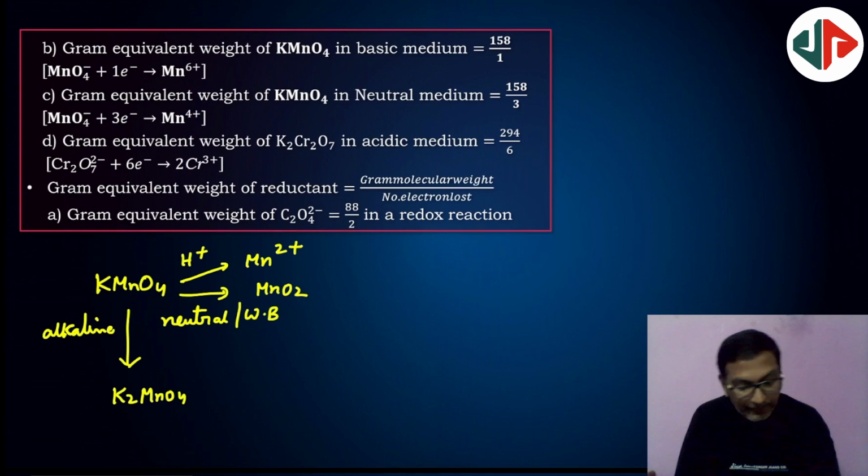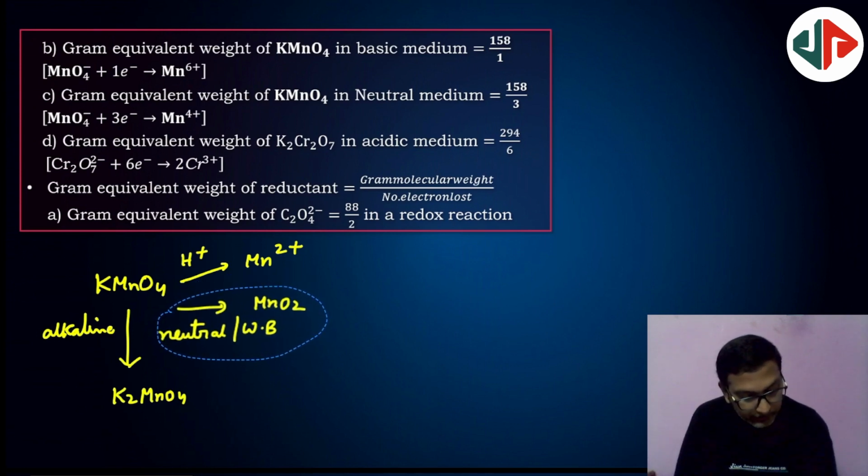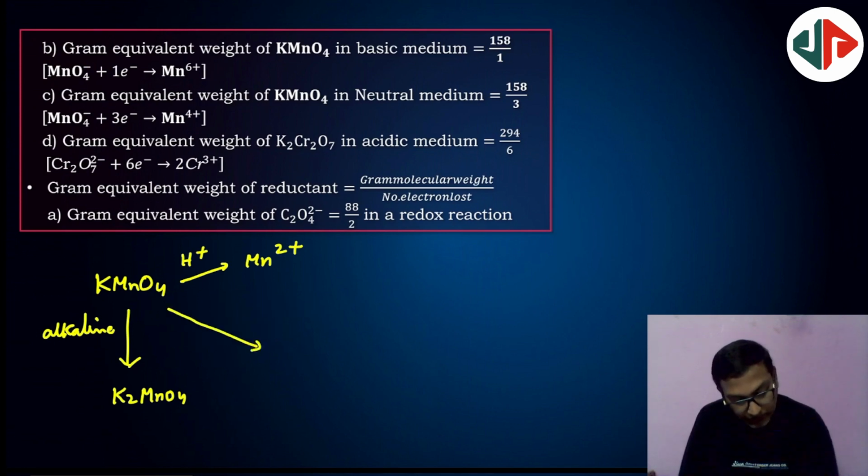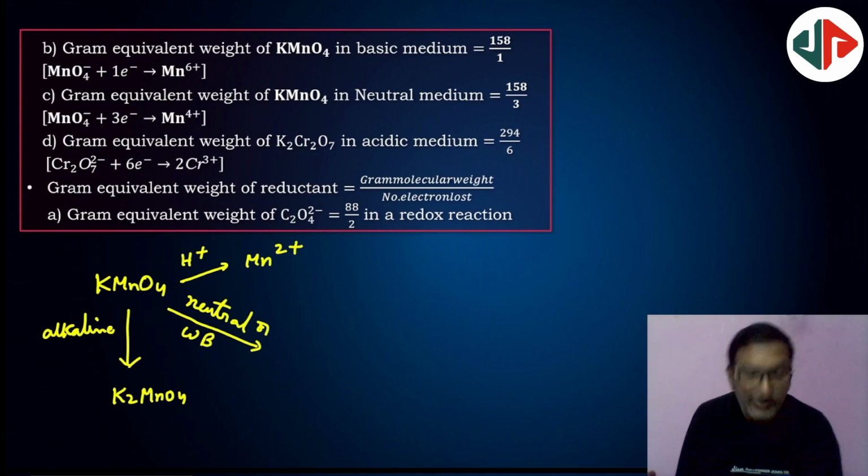Remember like this. These three are very, very important. Then I will write like this: neutral or weakly basic.